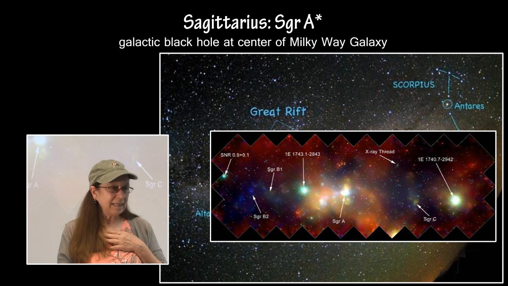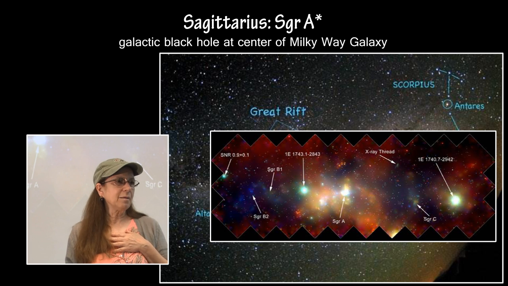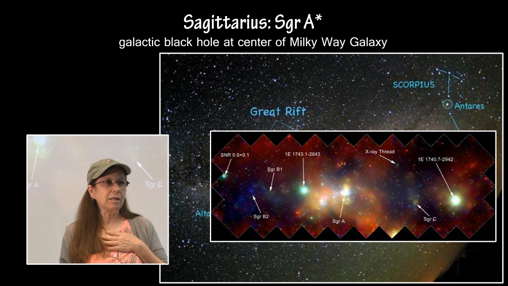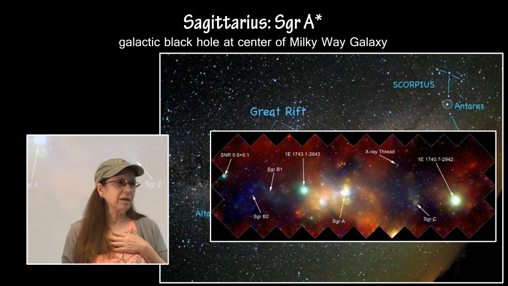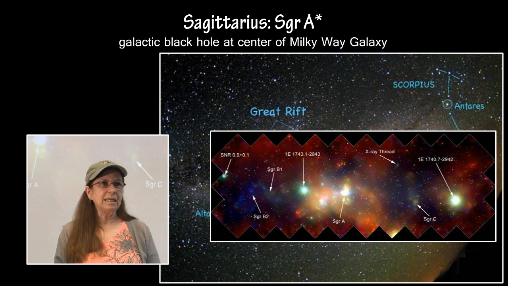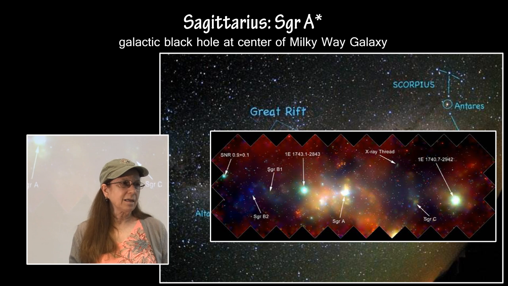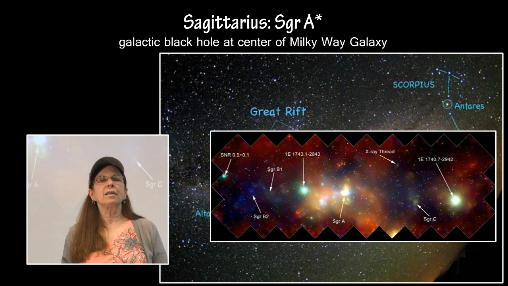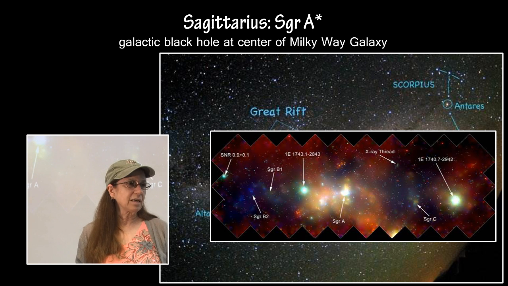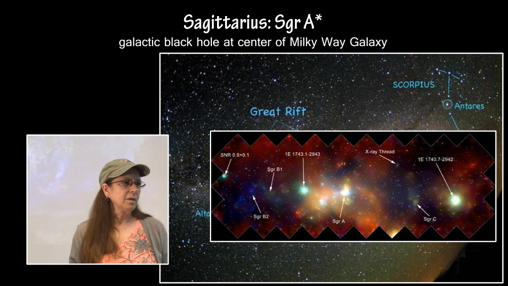And this is an image from the Chandra survey of the center of the Milky Way Galaxy, centered on Sagittarius A. If you go to the Chandra website, you can see an animation of this, and there is all of the information you would ever need on Sagittarius A because they have done a lot of work in that area.